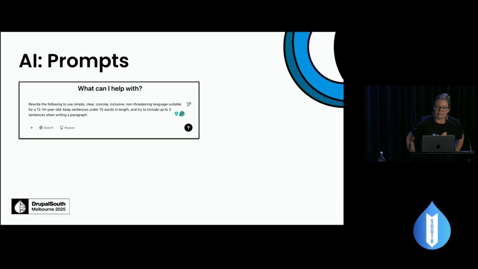So when using AI tools, it's all about getting your prompts right for the purpose of what you're doing or asking, and it can take a few goes, as I'm sure you're all aware by now. So I'm going to run through an example using ChatGPT and Grammarly to improve the readability of an article.